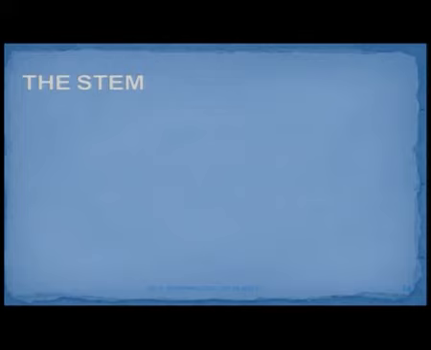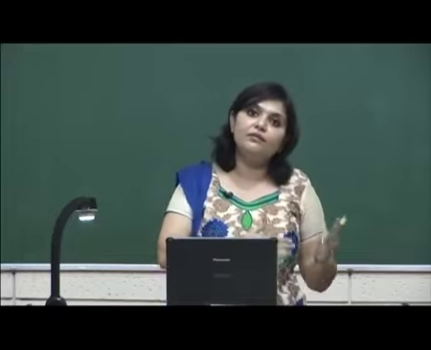Now, this was all for the roots. We studied that roots arise from the radicle. We studied the difference between fibrous root and the taproot. Then we studied the functions of the root, the regions of the root tip and some of the modifications of the root. Now, we will move over to the stem. How will you define a stem?